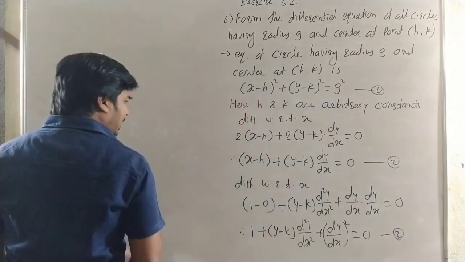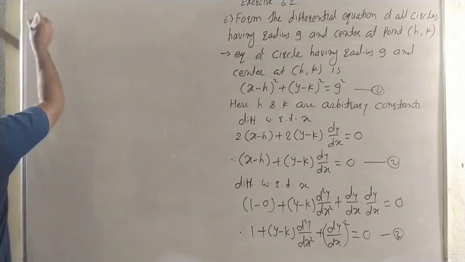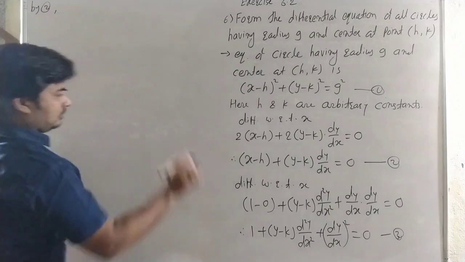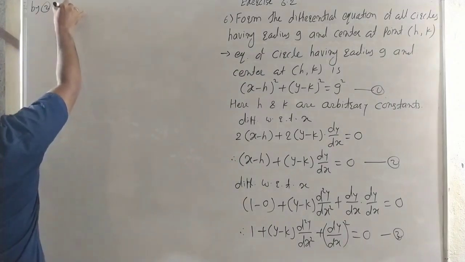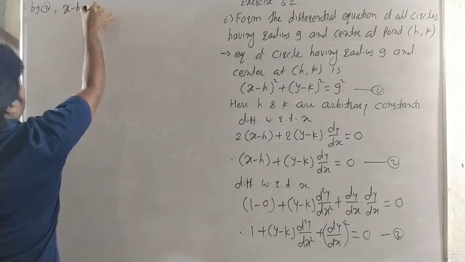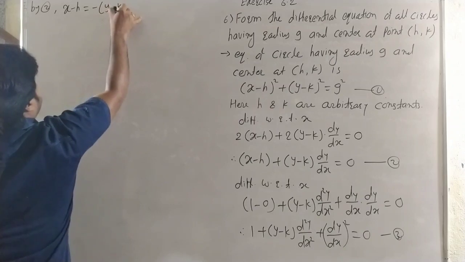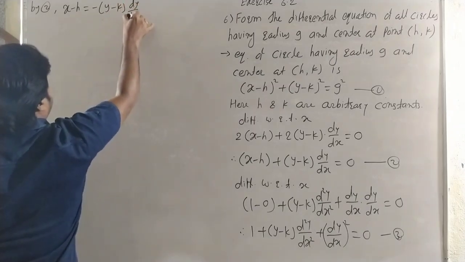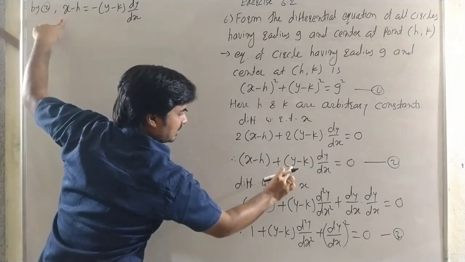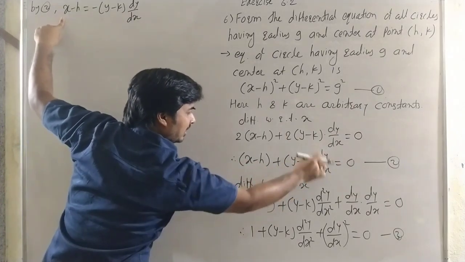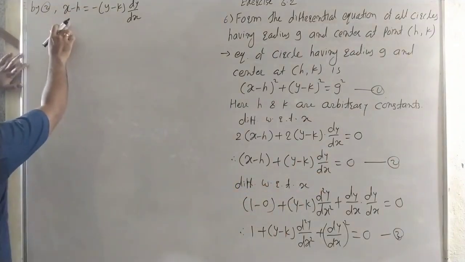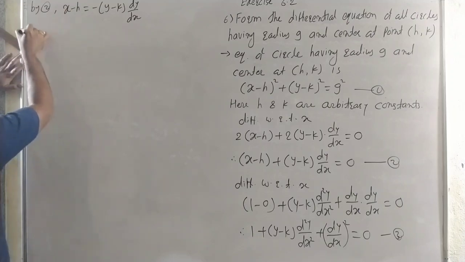By equation number 2 we get x − h is equal to, taking the RHS, minus (y − k) dy/dx.